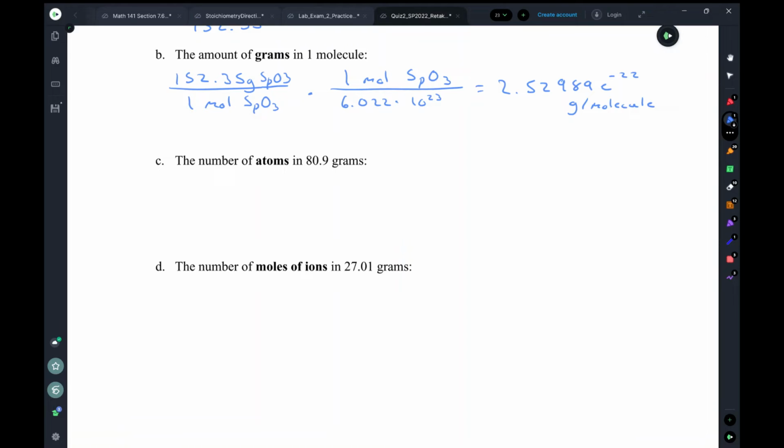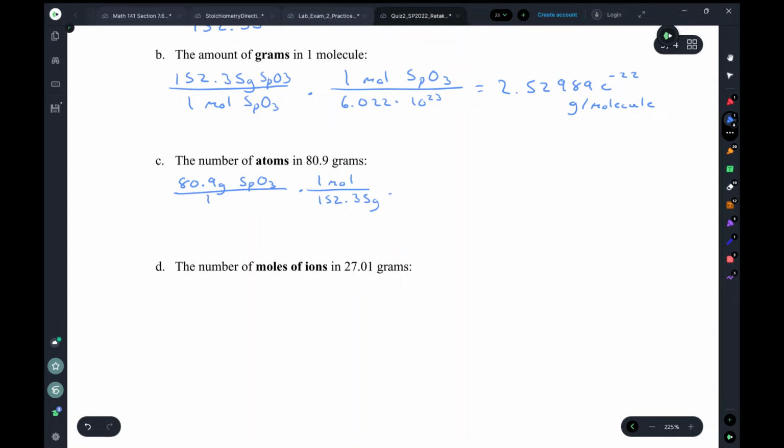Now in part C of the problem, we have to find the amount of atoms within 80.9 grams of SpO3, and we have to convert this amount of grams to moles. So we can set up the problem as so.